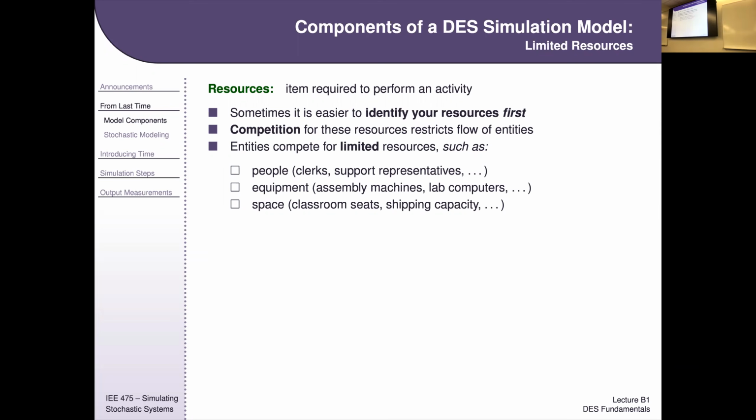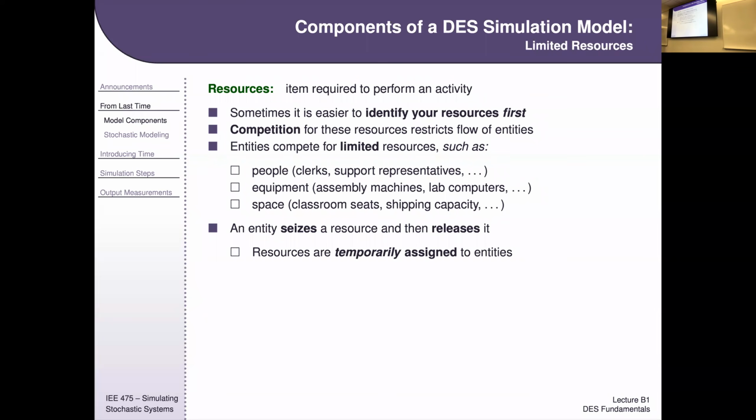So the classroom is a resource, the activity is the duration of the class, and those being delayed are the students trying to enter the class. So the students must be the entities. Sometimes it's easier to start with the resources and then figure out what the activities and entities are. Like I mentioned, people can be resources, equipment, space, etc.